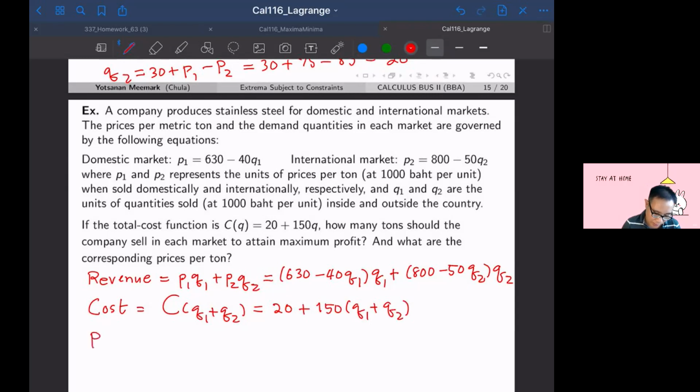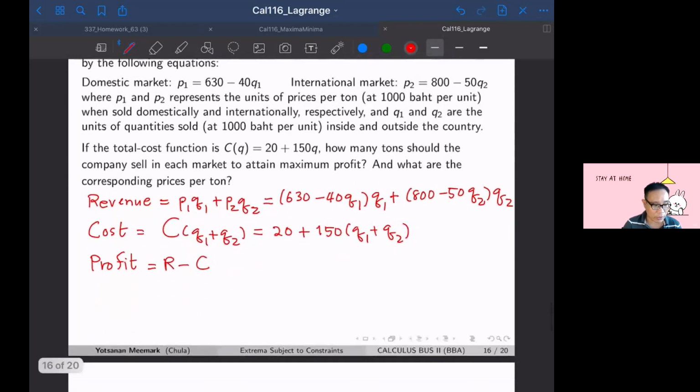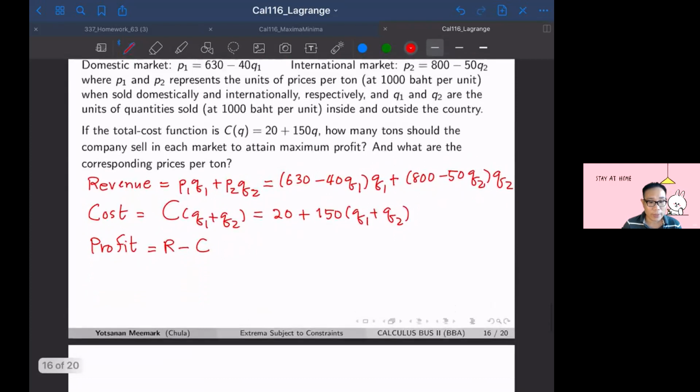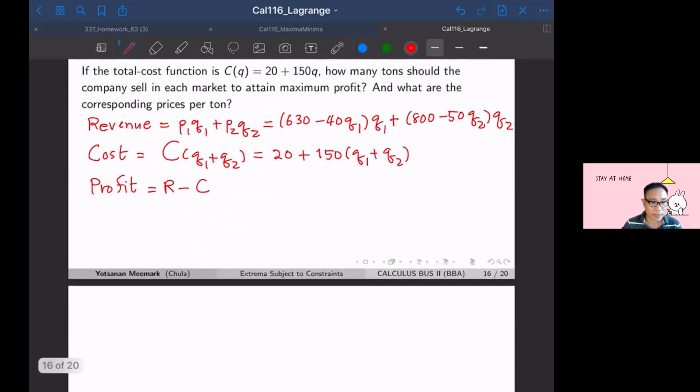So you're gonna have the profit function turn out to be the revenue subtracted by the cost function. Okay, and so you're gonna find the derivative with respect to the first variable and the derivative with respect to the second variable. Okay, so you differentiate with respect to Q1.